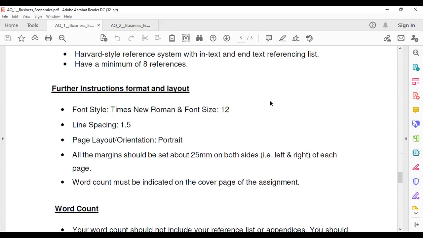And then the font you use for answering the assignment should be Times New Roman. That should be 12. And line spacing is 1.5, right?